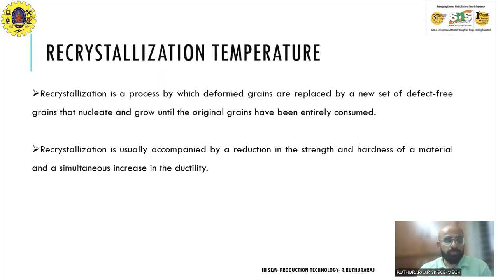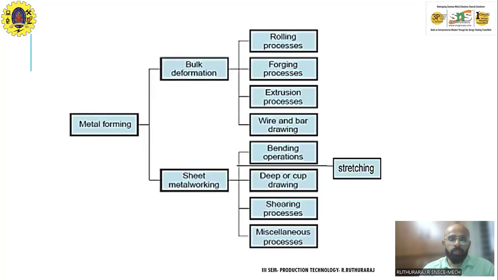This temperature signifies the temperature at which new grains are formed. I will explain the recrystallization process in the upcoming lecture videos. Since we'll be learning about this in the whole unit, just make a note that it's a temperature at which new grains are formed, and this recrystallization temperature is approximately half that of the melting point of the metal.